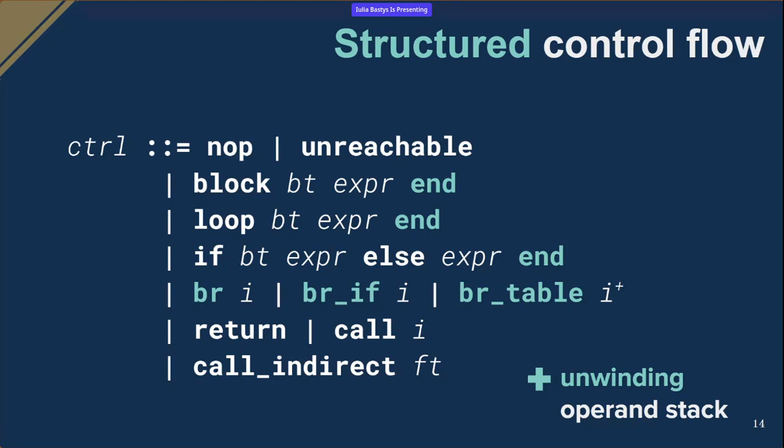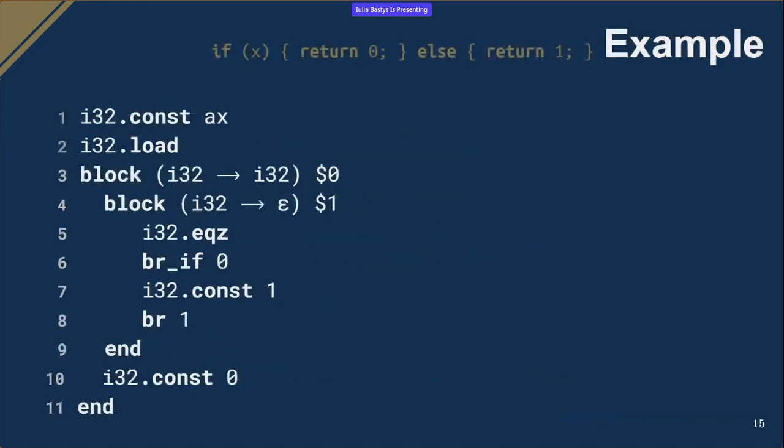What makes the control flow structured is the syntax of the language, the semantics, and the fact that we have an unwinding operand stack. We can look at an example so you can get a better feeling of this.